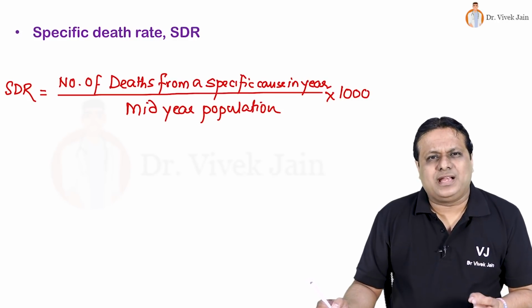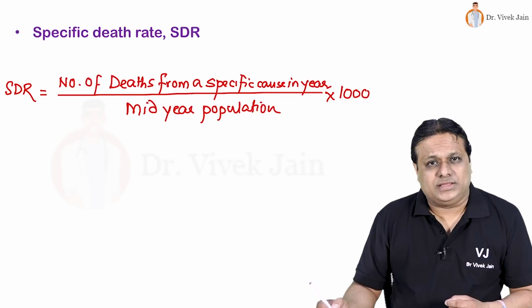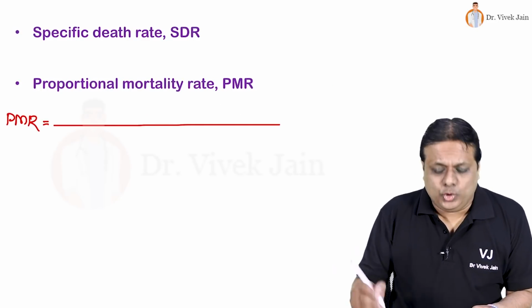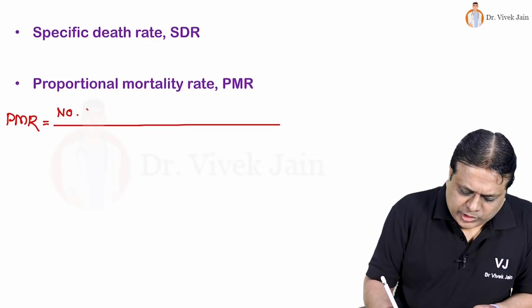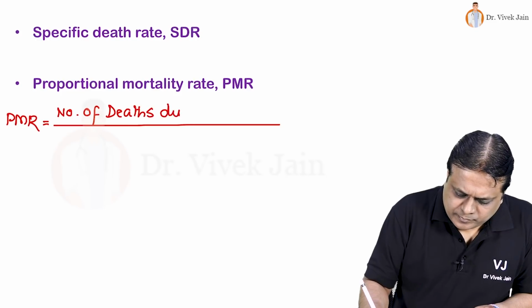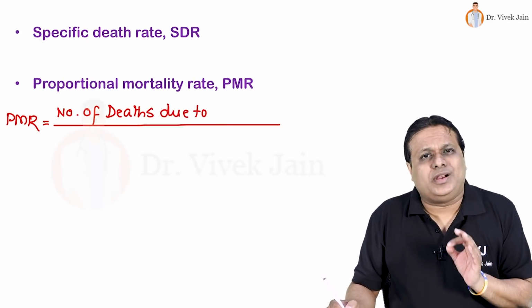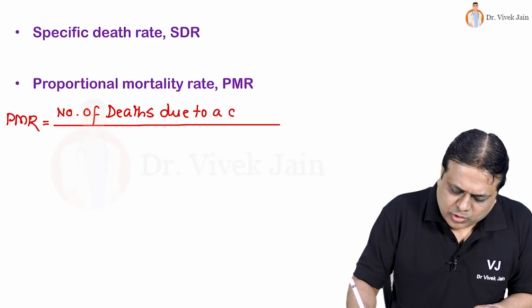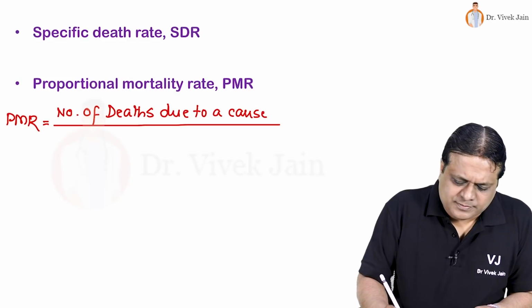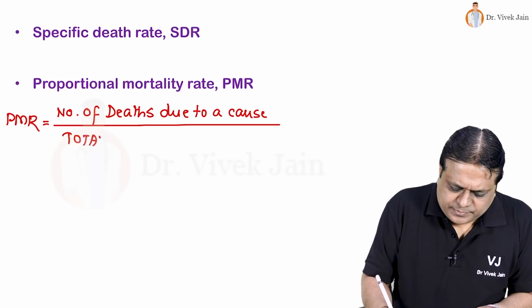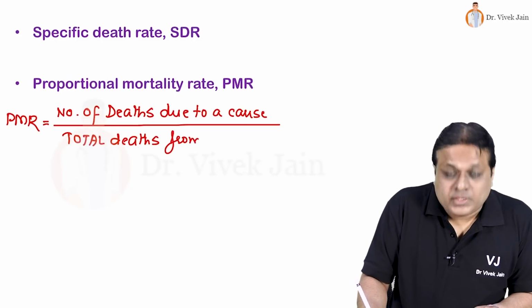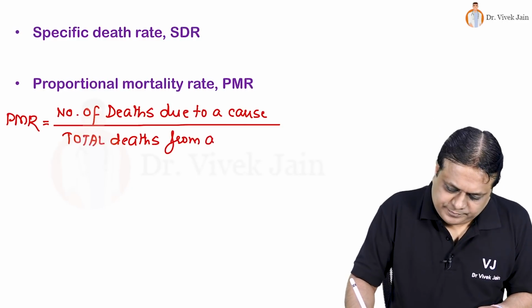Now compare and contrast this specific death rate with PMR, proportional mortality rate. How do we calculate this? Numerator is the total number of deaths due to a particular disease or cause. And what is the denominator? Denominator is total deaths from all the causes.